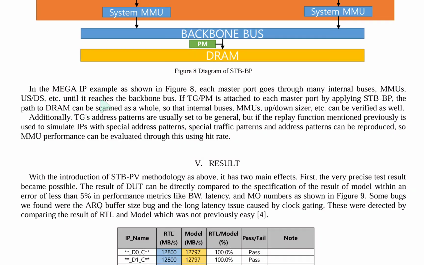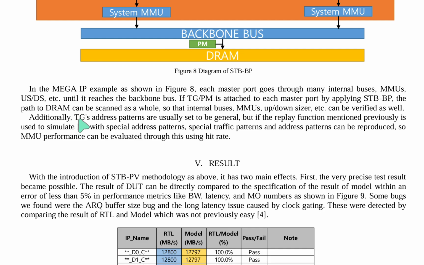If TG-PM is attached to each master port by applying STB-BP, the path to the DRAM can be scanned as a whole, so that internal buses, MMUs, up-down sizers, and etc. can be verified as well.